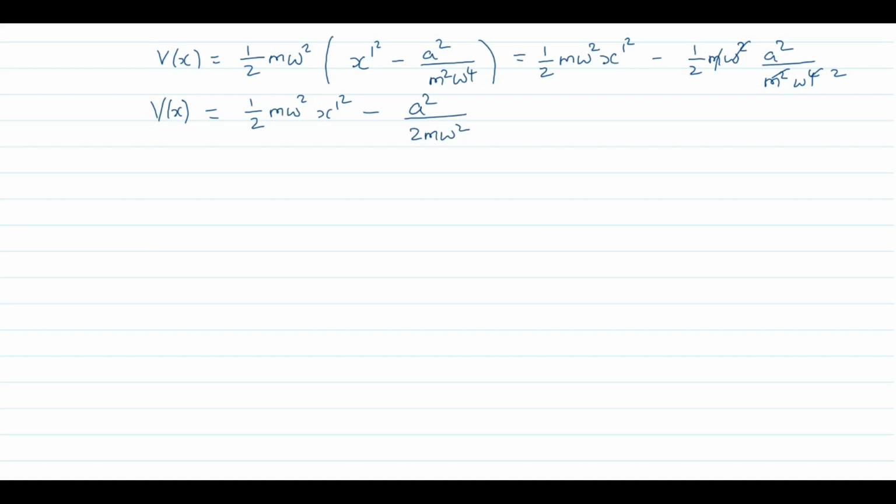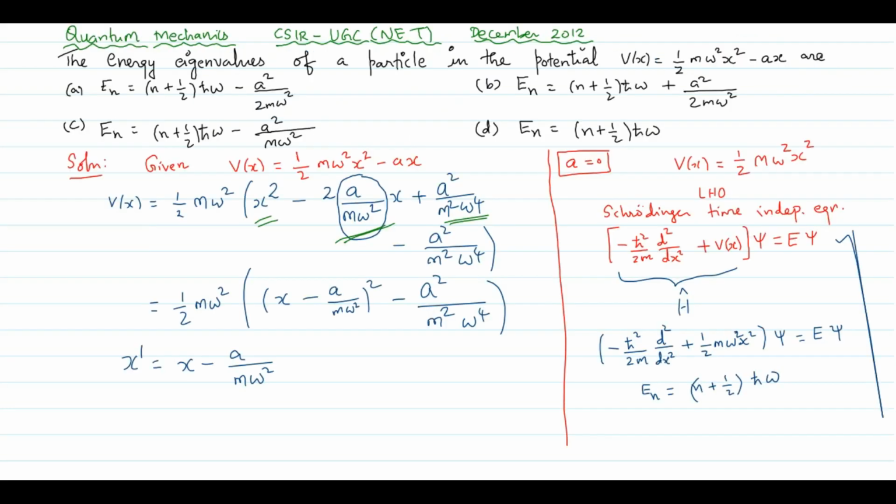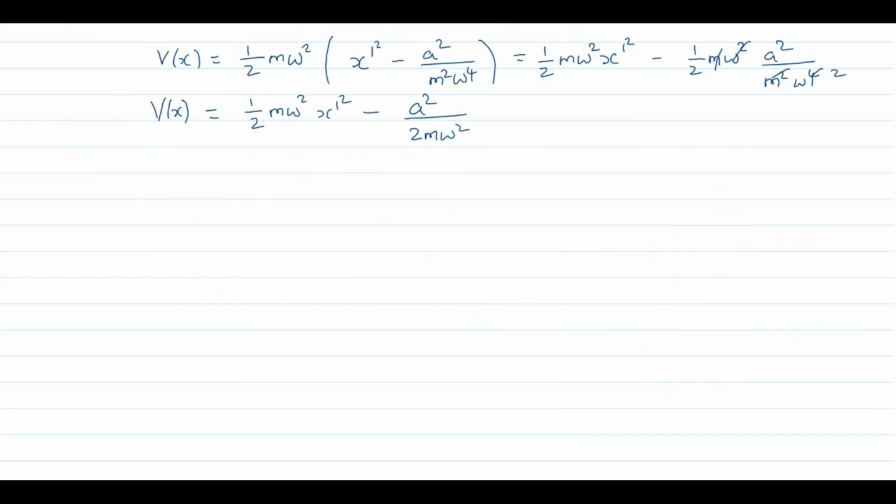Now the Schrodinger equation, whatever I have written here, I will rewrite. So this is minus h bar square by 2m d square by dx square plus V of x. Now what is this V of x? This is half m omega square x prime square minus a square by 2m omega square, psi, which is equal to E psi.